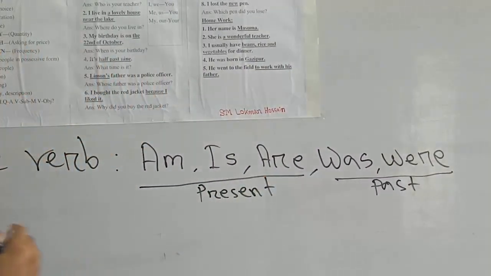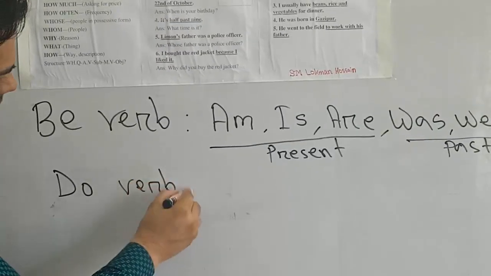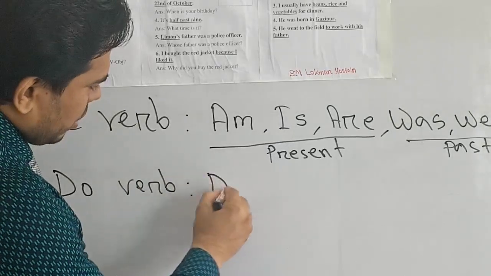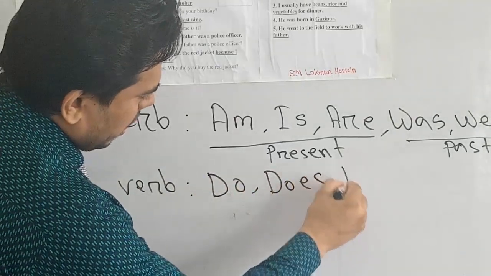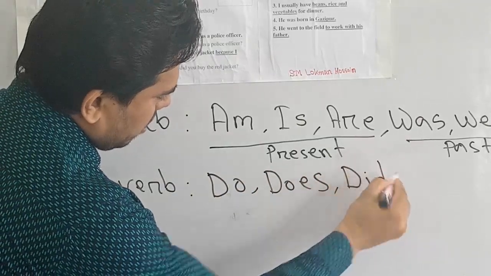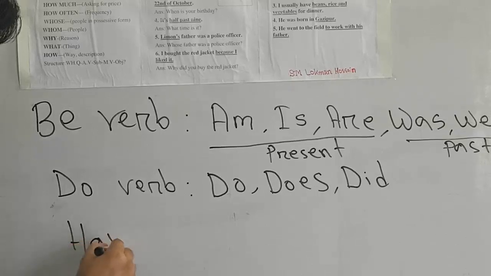Okay, next one is do verb. What are the do verbs? Do verbs are do, does, and did. Next one is have verb.